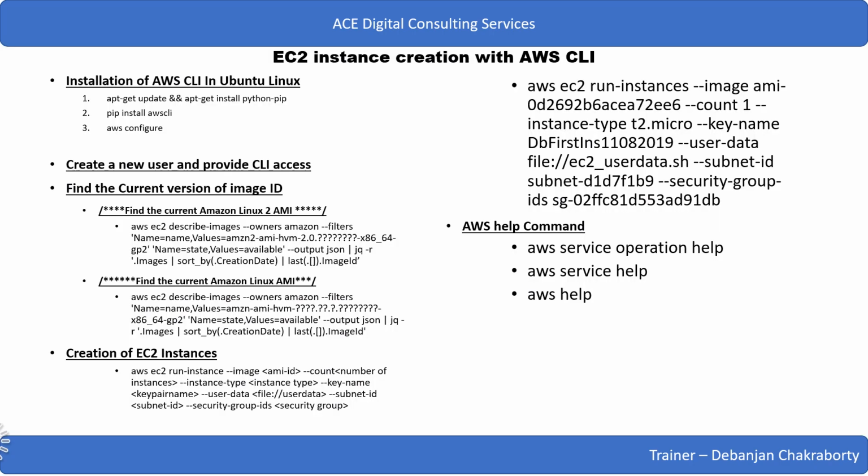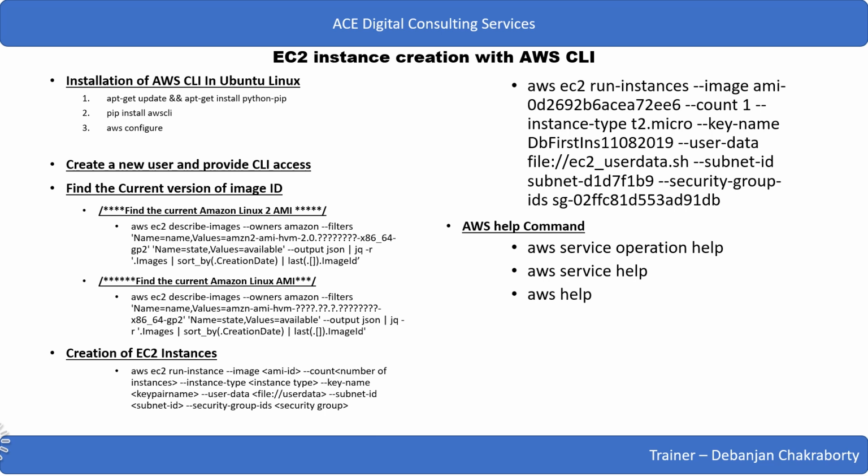This slide includes all the EC2 instance commands. It also includes the commands to install the AWS CLI on your local server. The first point is installation of AWS CLI on Ubuntu Linux, because there are different operating systems.